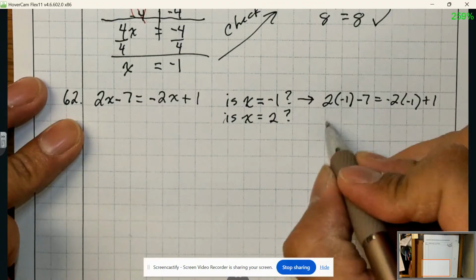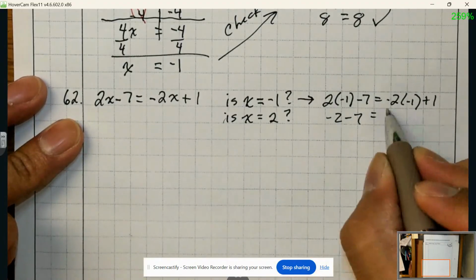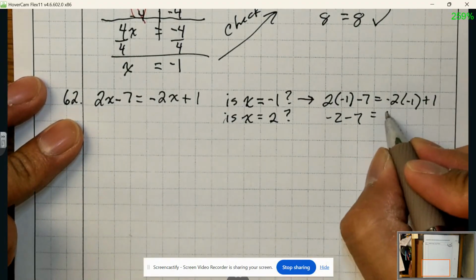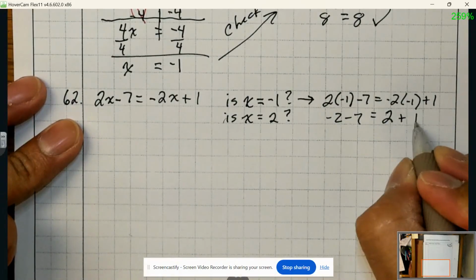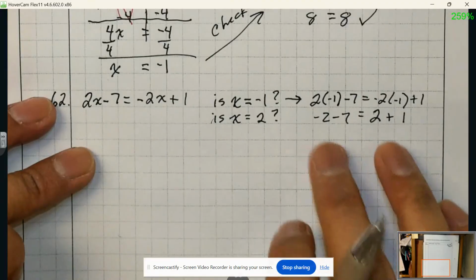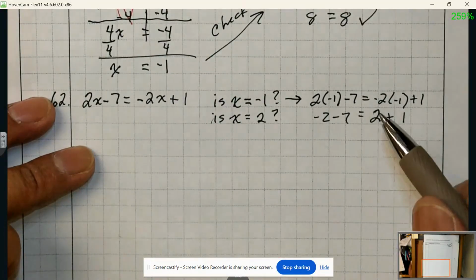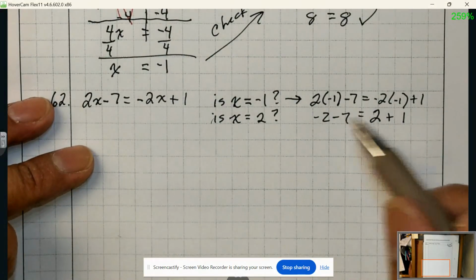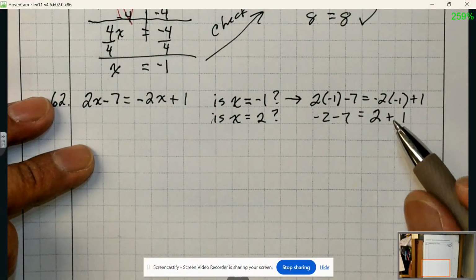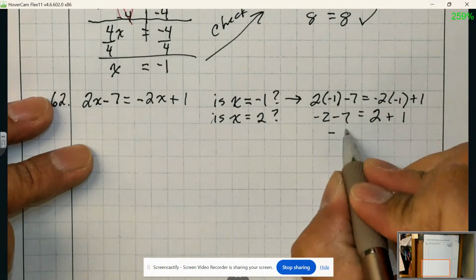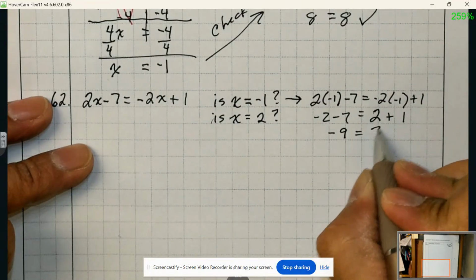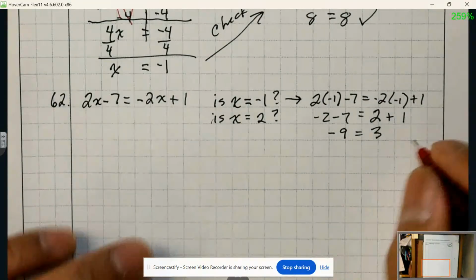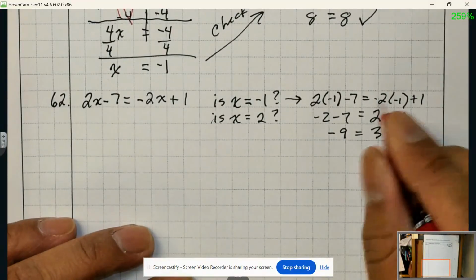So now this gives us negative 2 minus 7 is equal to negative 2 times negative 1 is 2 plus 1. And you always need to make sure that you are calculating correctly just in case you find different numbers, but it's actually a true statement. Okay, so this gives us negative 9 is equal to 3. And since negative 9 is not equal to 3, we know that this kid is wrong.